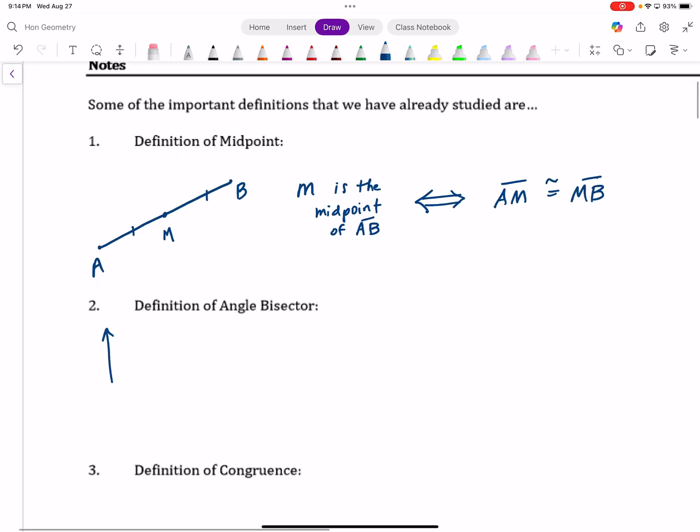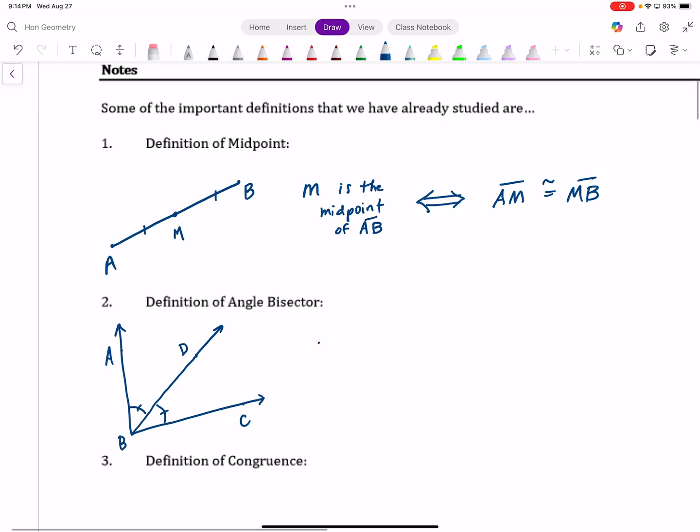So let's give ourselves a diagram. So let's say we've got angle ABC. We throw a point in the interior, let's say we call it D, and we draw a ray from that vertex going through point D. So if it's an angle bisector, then these two angles will be congruent.